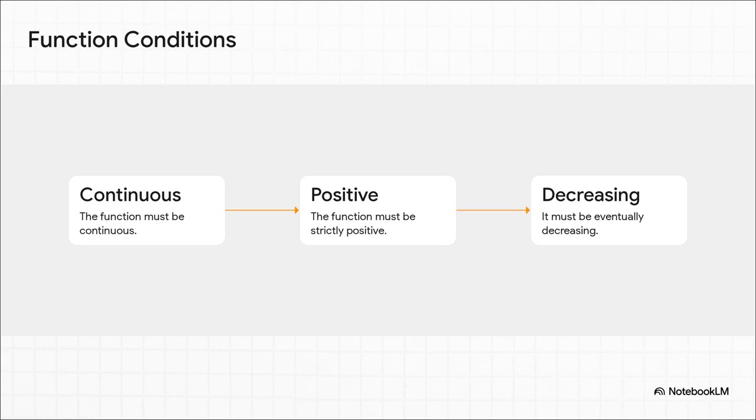Your function absolutely must be 3 things: continuous, positive, and eventually decreasing, which just means it might bounce around a bit at first, but it eventually has to head downwards. If even one of those conditions fails, you've got to abort the test. But if they all check out, then the series and the integral share the exact same fate. They're tied together. They will either both converge or both diverge.